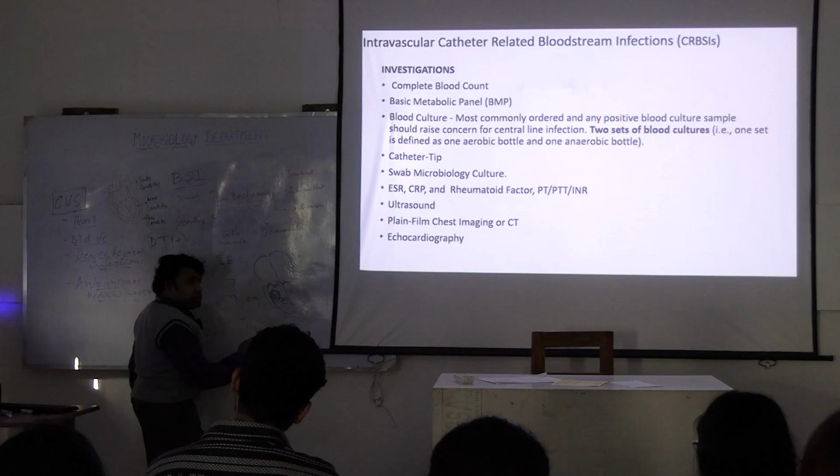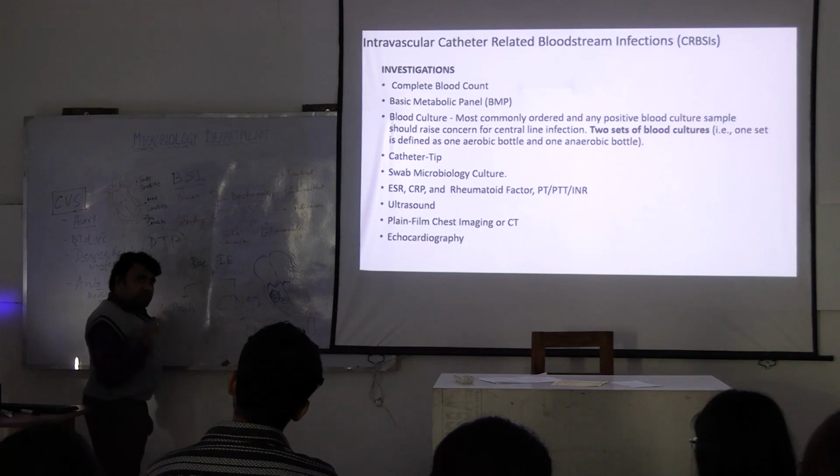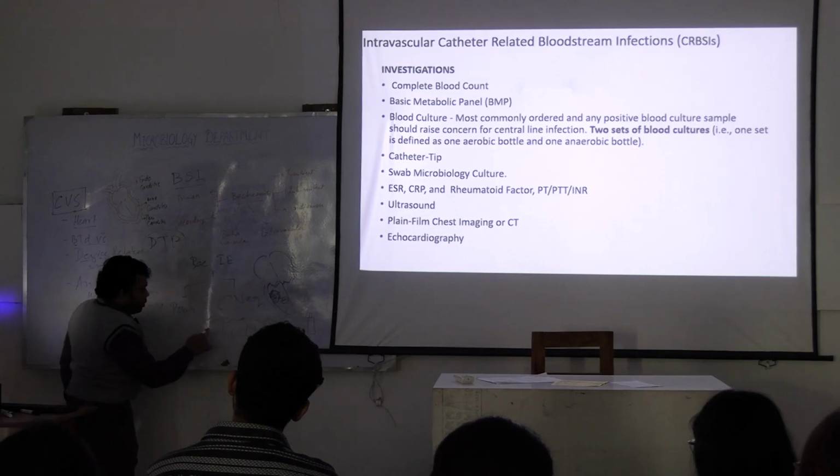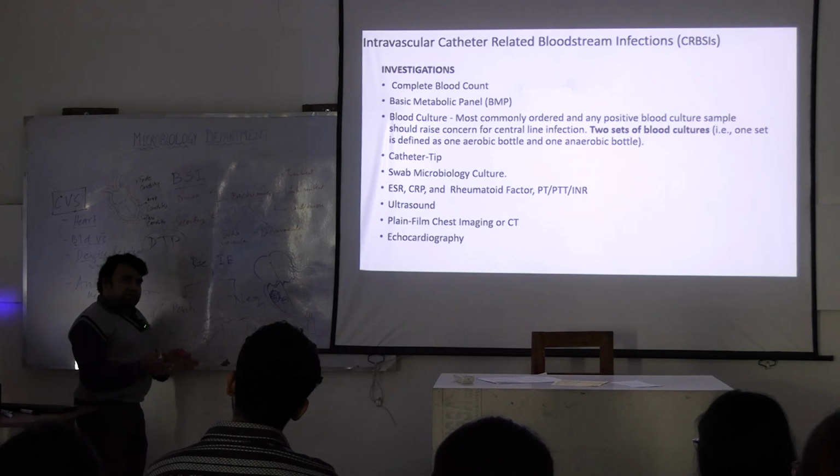So the first blood culture should be taken from this catheter line. One bottle I took from here for blood culture. One more bottle from the other hand. Now after some time I put both the bottles for culture.